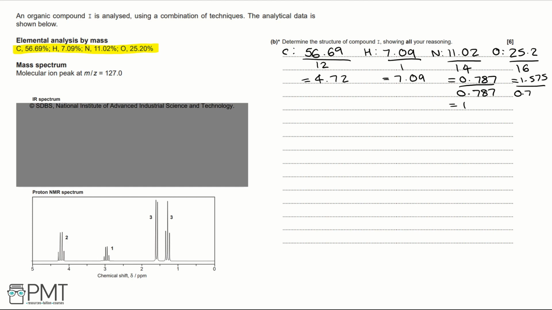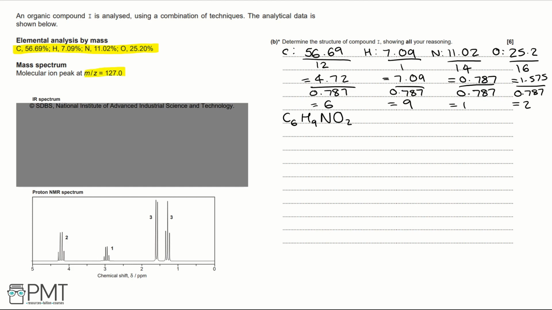For hydrogen, if we divide by 0.787, we get 9. And finally, carbon, dividing by 0.787, we get 6. So our empirical formula is C6H9NO2.